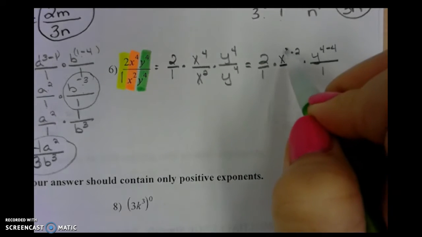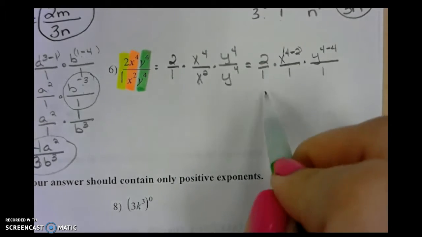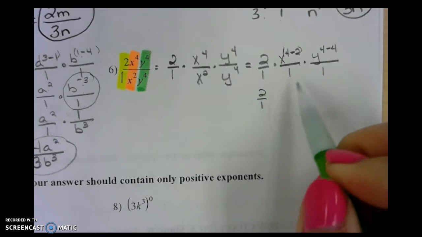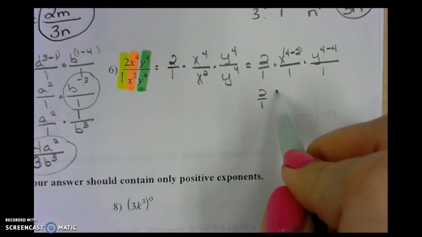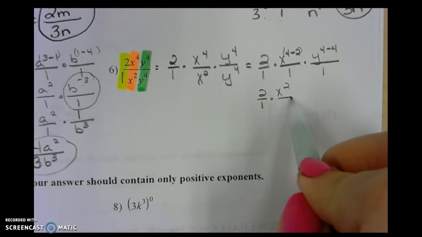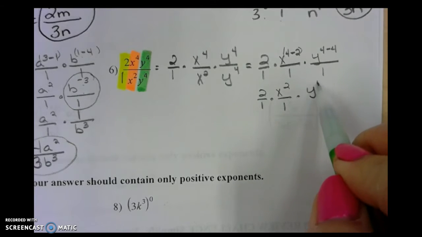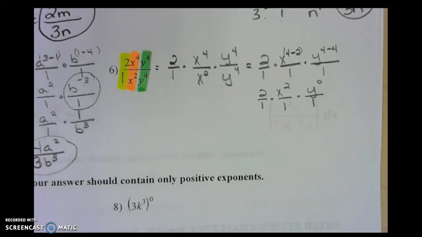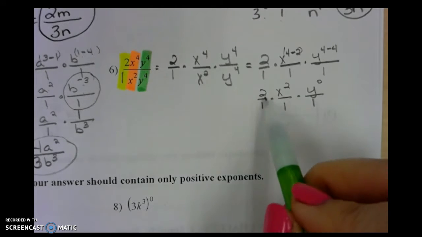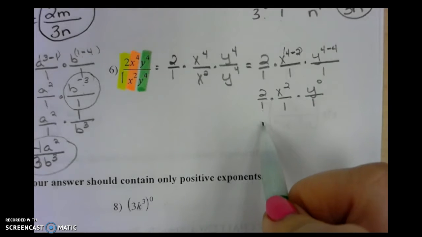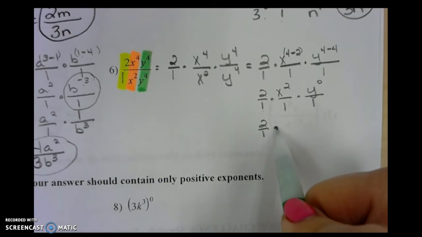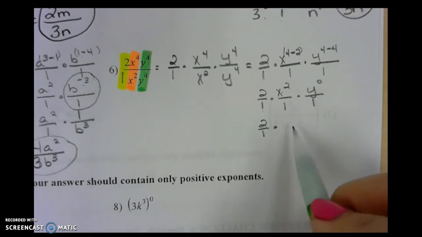Next step is to do the subtraction. 2 over 1 stays the same. X to the 4 minus 2 is going to be x squared. Y to the 4 minus 4 is 0. 2 over 1 is fine. I don't need to do anything to that. X squared is fine.